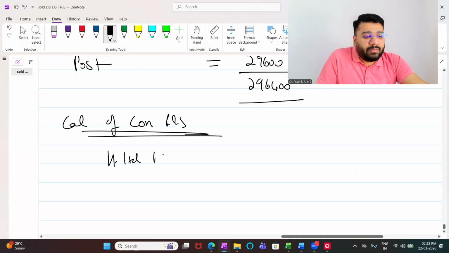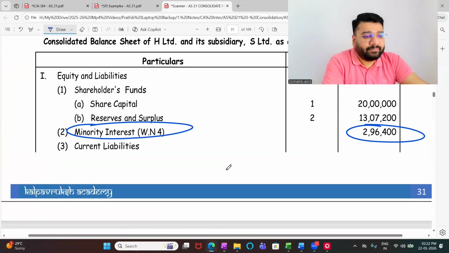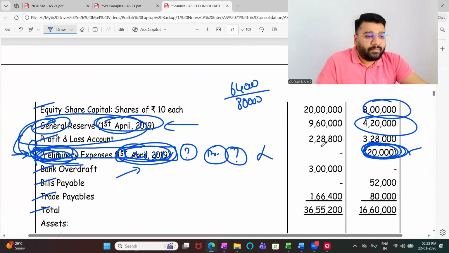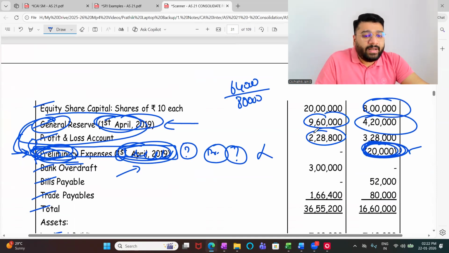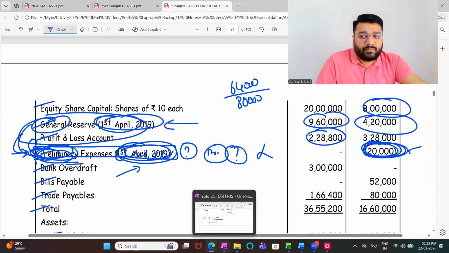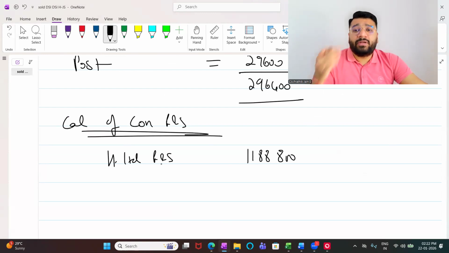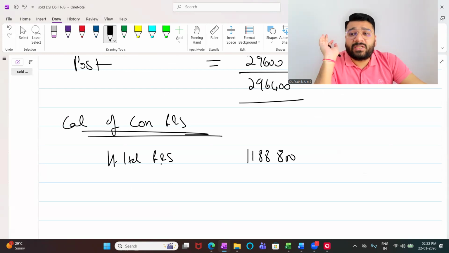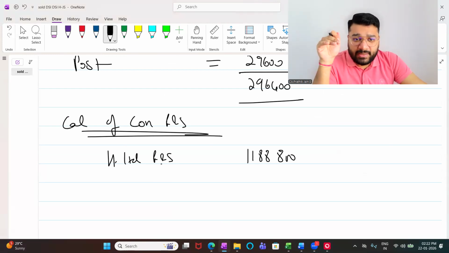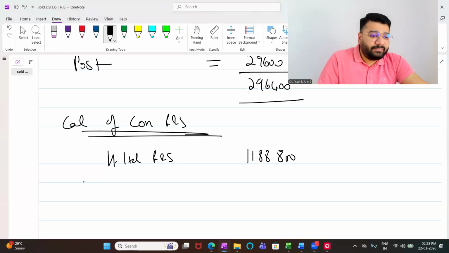Now, calculation of consolidated reserve and surplus. H Limited reserve and surplus is how much? 11,88,800. Should I minus pre-acquisition dividend? No, they've already taken it to investment. Nothing has gone into reserve and surplus. When nothing has gone into dividend income, P&L, reserve and surplus, why should I reverse it?